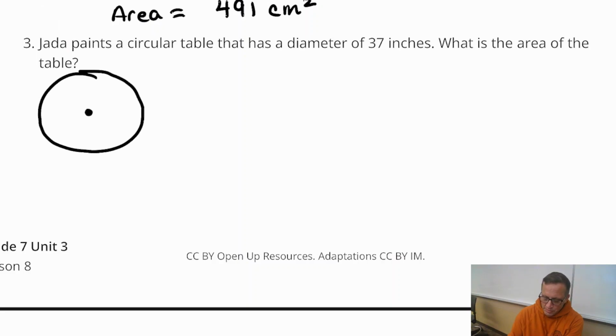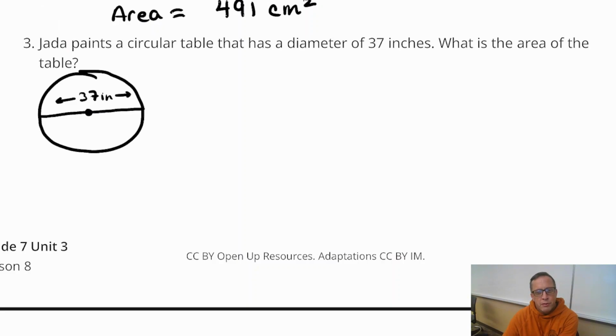So the table is 37 inches across. The diameter is that much, and then we want to do half of that, and half of 37 is, well, half of 36 is 18, right?